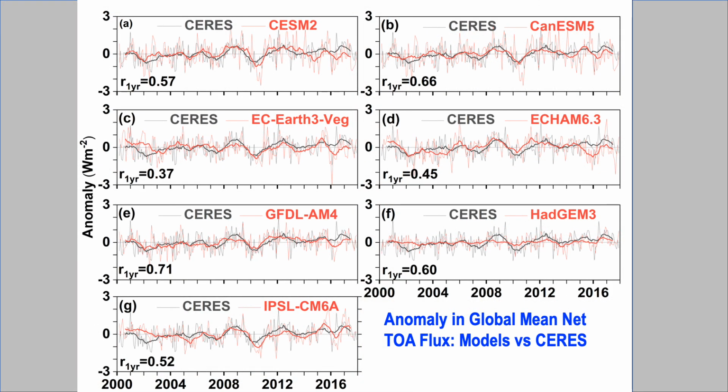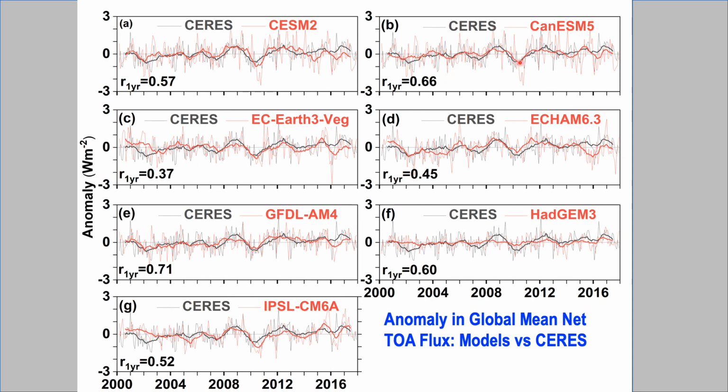And I just want to show how models compare to finish up. These are the models that are used to project changes in climate as you run different scenarios of greenhouse gases. These are used in the IPCC reports. And what you find is some of the models do very well compared to CERES. CERES is in black, and these are showing the time series of anomalies in net radiation.